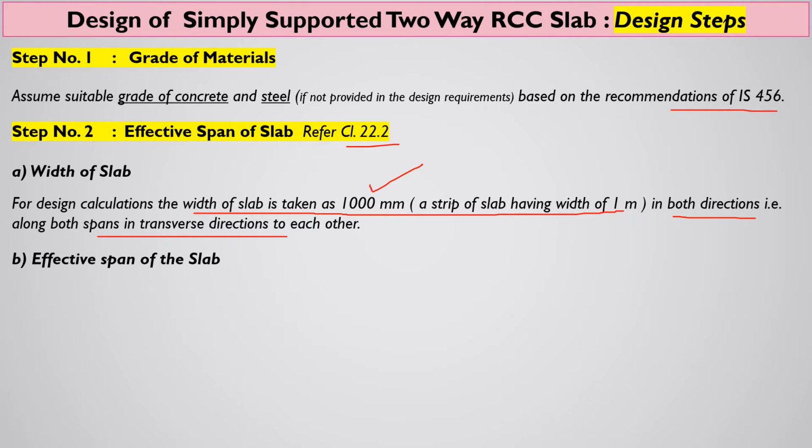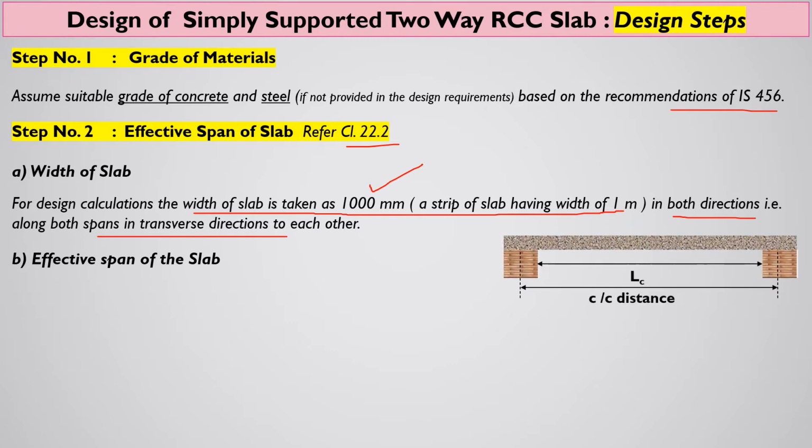And the second point is how to do the calculation for the effective span of the slab. Here the same type of guideline which we used in the case of a one-way slab, or in the case of a singly reinforced beam, we have to follow in the case of a simply supported two-way slab.